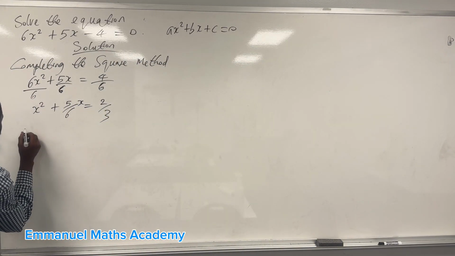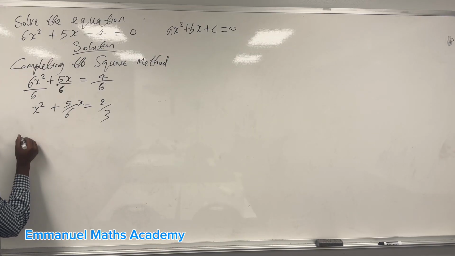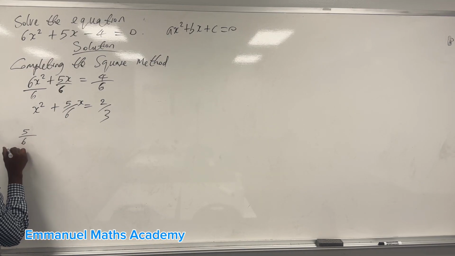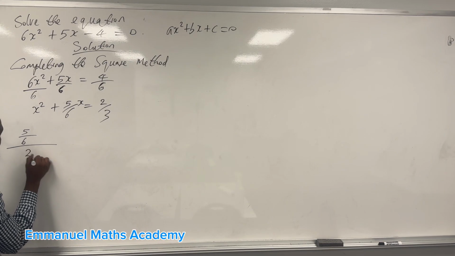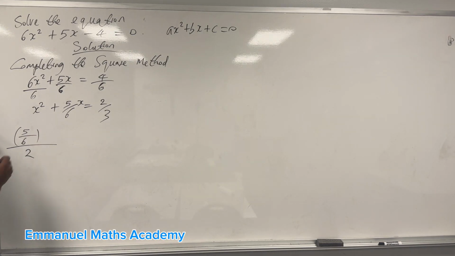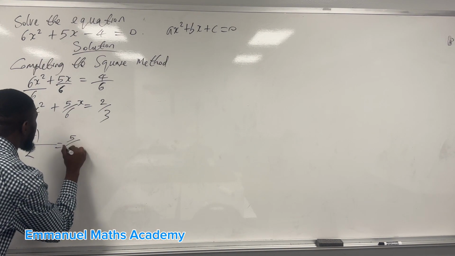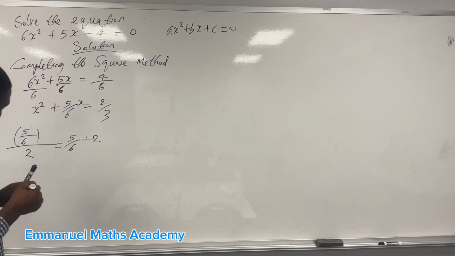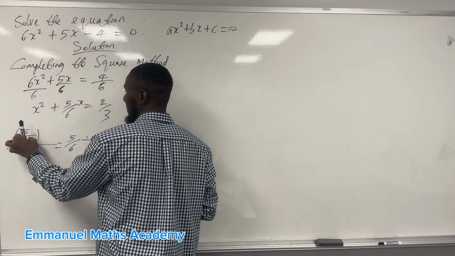You want to find half of b, which is 5 over 6 all over 2. And this actually means 5 over 6 divided by 2. It's still the same thing. All this is b divided by 2.